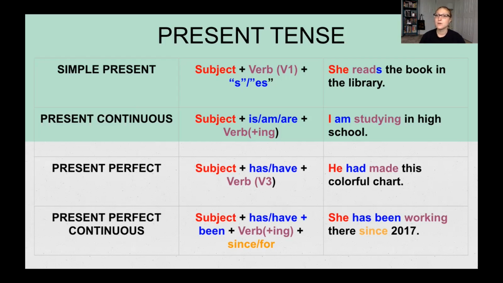This is to add that time frame in for your present perfect continuous, okay? She has been working there since 2017. We have that she's working there starting in 2017, and it is continuing to happen.